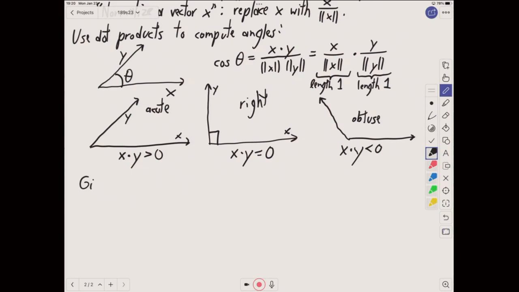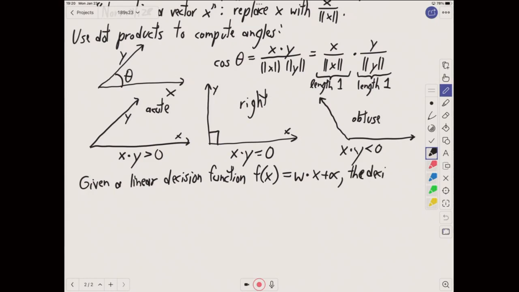All right, coming back to our linear decision function. If your classifier somehow learns a linear decision function of the following form, w dot x plus alpha, then the decision boundary can be written as the following point set.